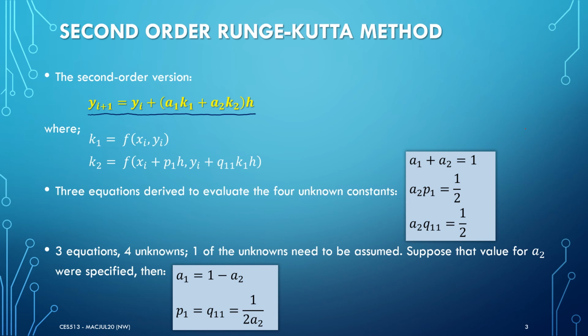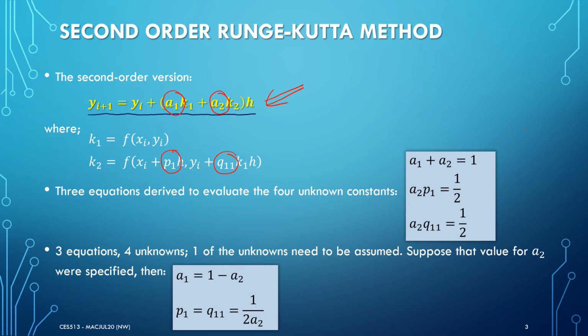The values for a1, a2, p1 and q11, the constants of the equation, can be evaluated by setting the general equation equal to a Taylor series expansion to the second order term. By doing this, three equations can be derived to evaluate the four unknown constants.